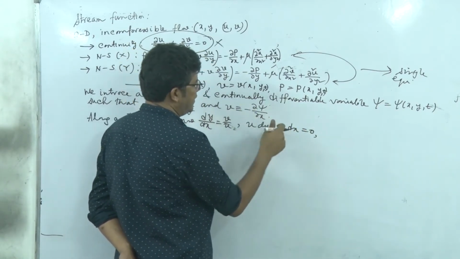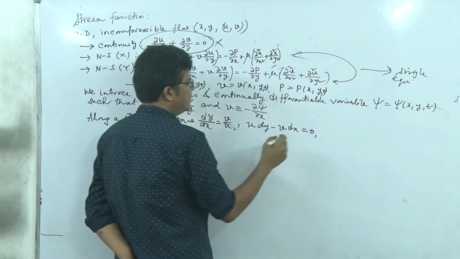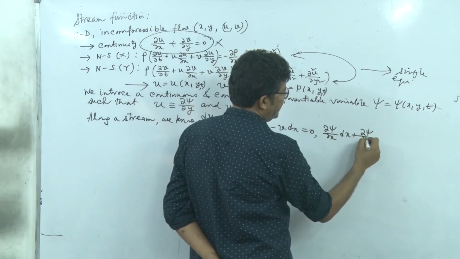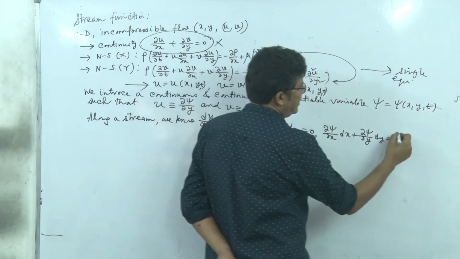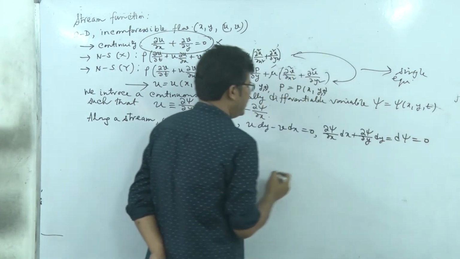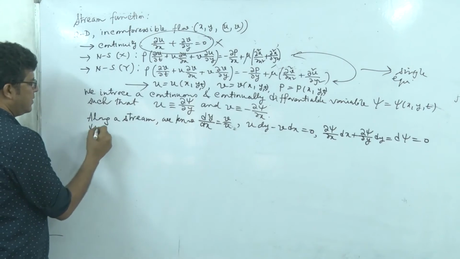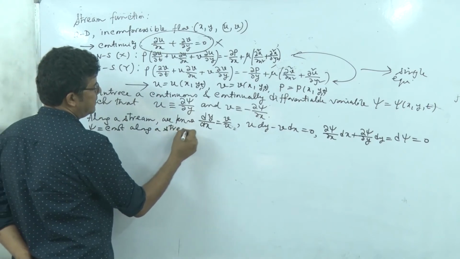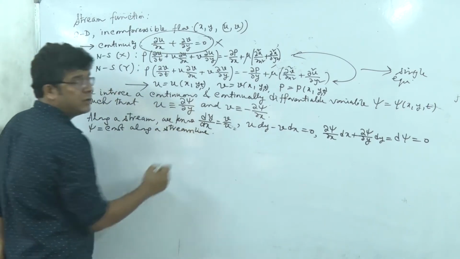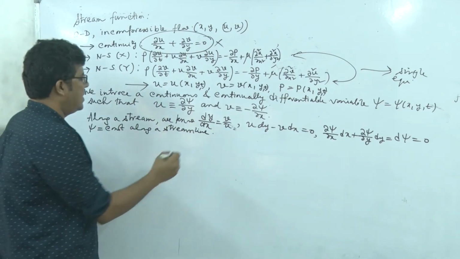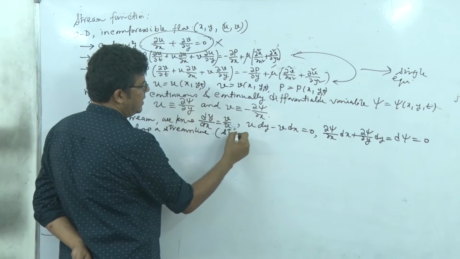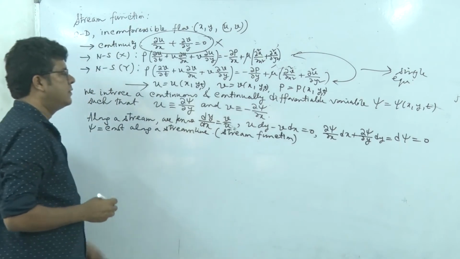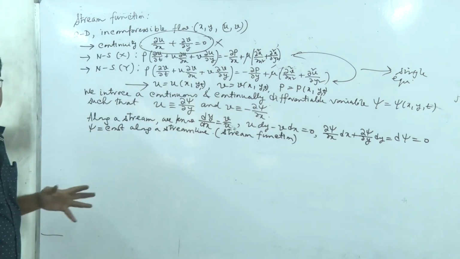So if you substitute the definition of u and v in terms of this stream function, we get del xi del x dx plus del xi del y dy, which is basically equal to d xi, and that's equal to 0. So xi is equal to constant along a streamline, right? Xi is a specific type of function which remains constant along a streamline, and that's why it is named the stream function.